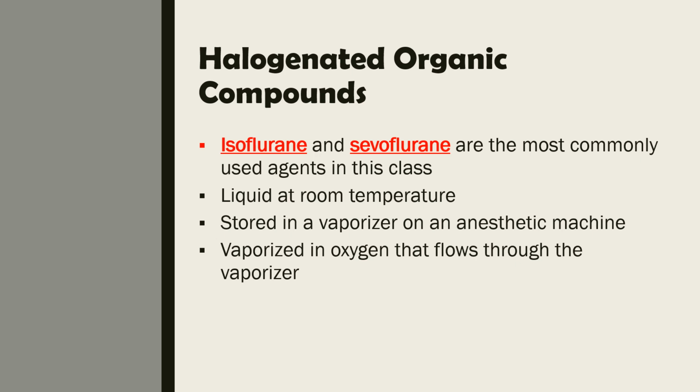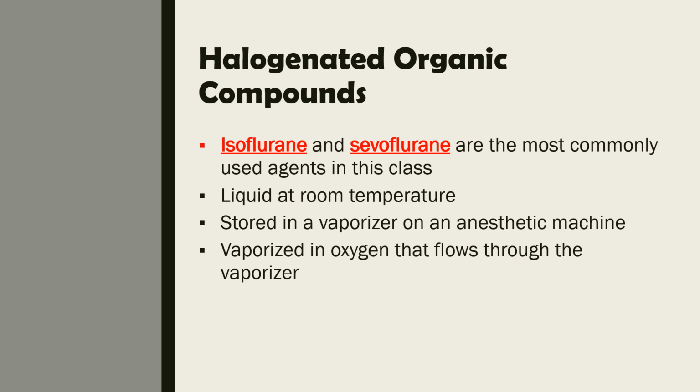The oxygen flows by the vaporized gas, and the gas ends up in the respiratory tract. You have your vaporizer, and the liquid is in the vaporizer. The oxygen flows by, the liquid turns into gas and ends up in the tubes, gets into the lungs, and has its effect, which is to maintain the anesthesia.